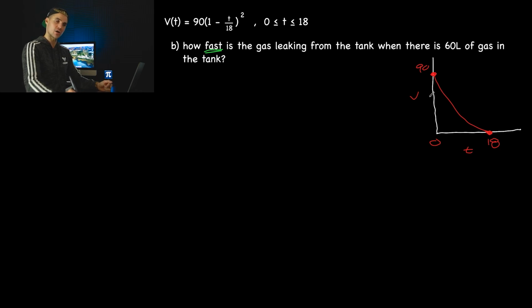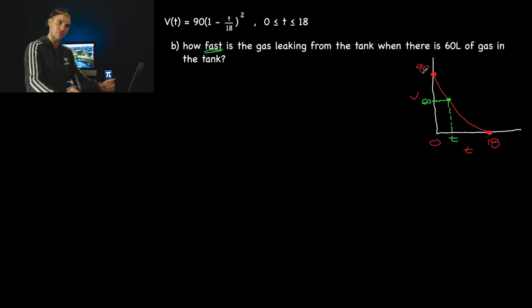Now to show on this graph what's happening, basically we have to find out when the volume is 60, when there's 60 liters of gas left in the tank. We have to find that t-value, and then figure out how fast the gas is leaking, the instantaneous rate of change.